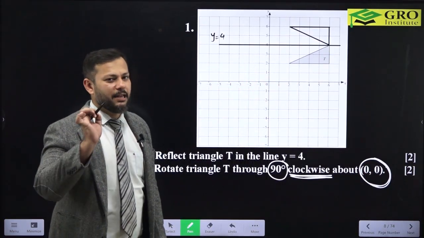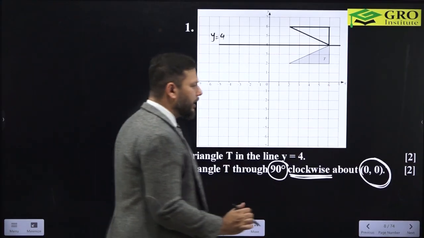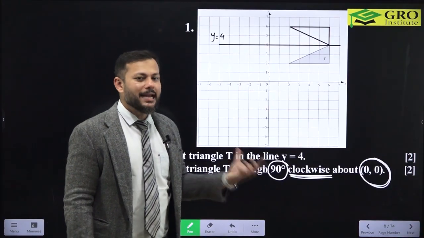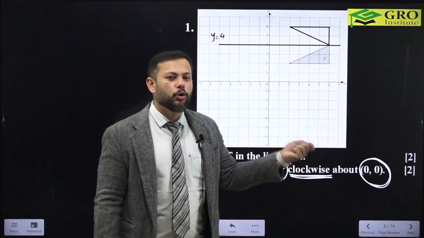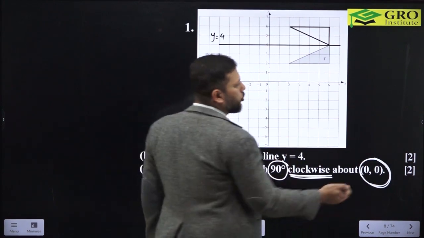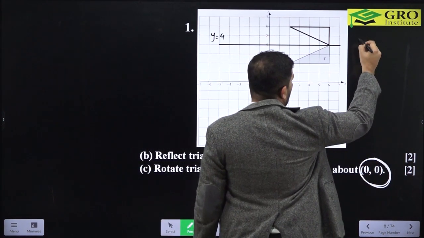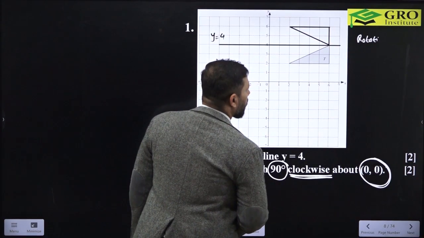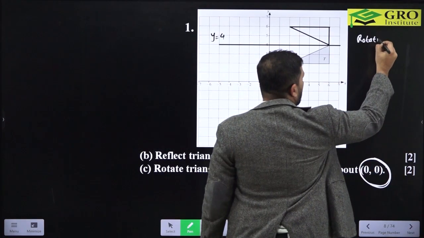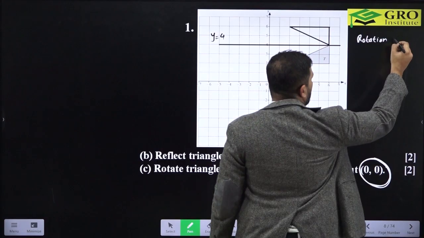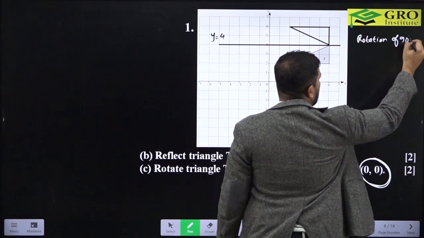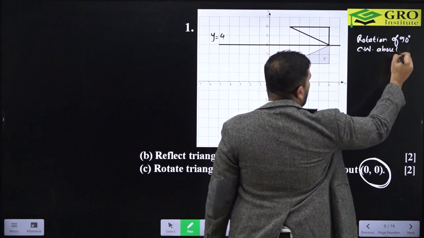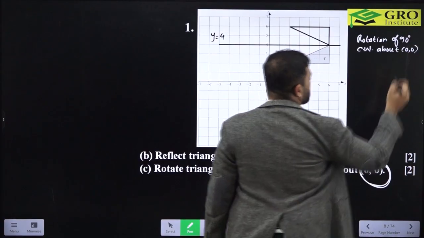So let me tell you one very basic trick for this. We should know it already. If we have to rotate any shape 90° clockwise about the origin, what do we need to do? Look what it becomes. I am writing it: rotation of 90° clockwise about origin, that is 0, 0.